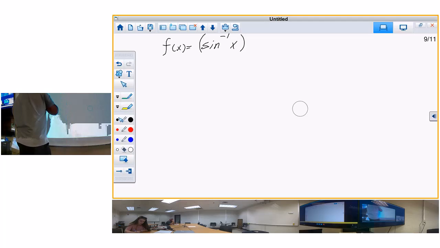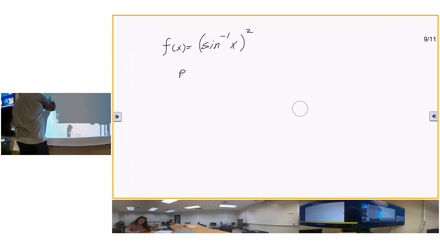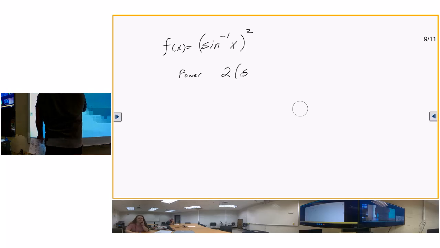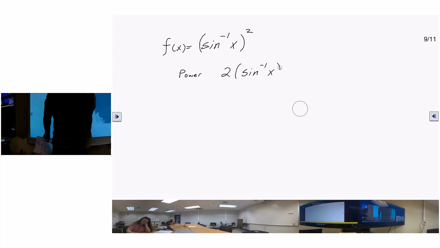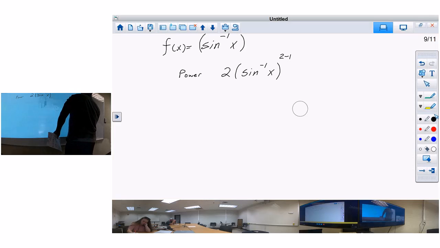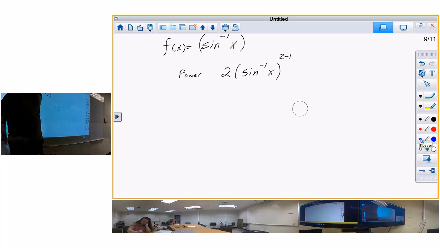So, here we go. Use the power rule first. And that's going to give us 2 inverse sine of x to the 2 minus 1. And now, I'm going to take my blue marker. This is in parentheses.